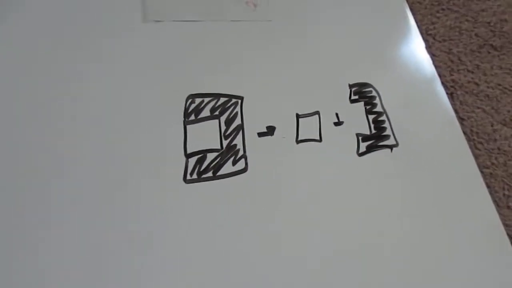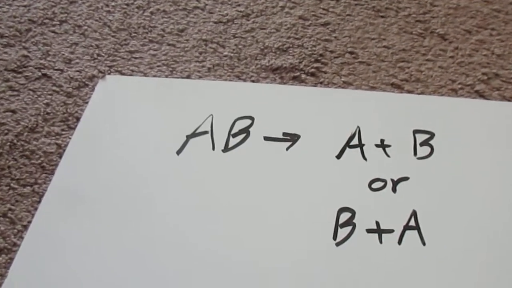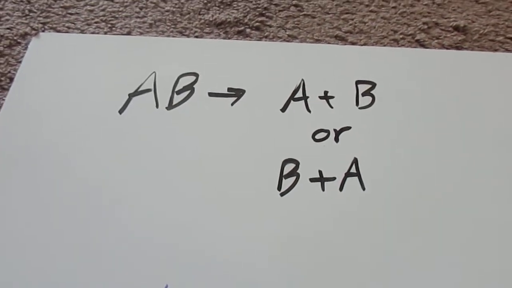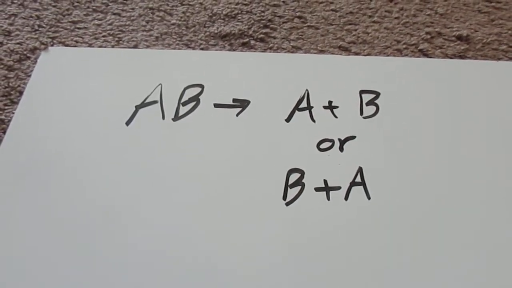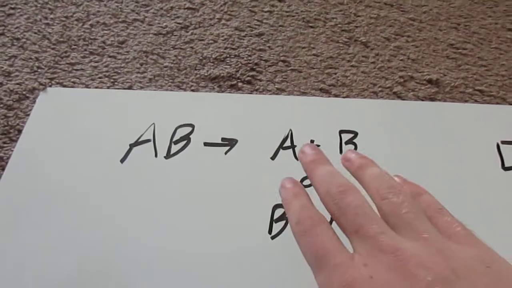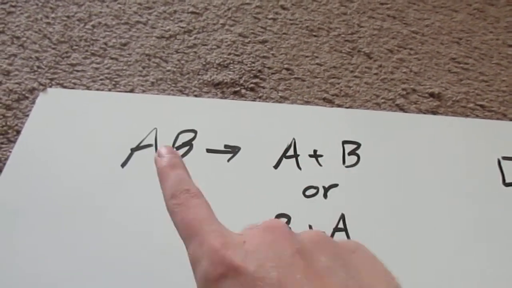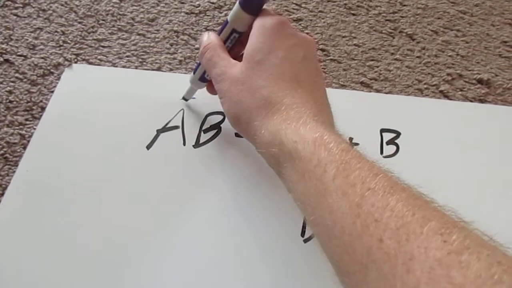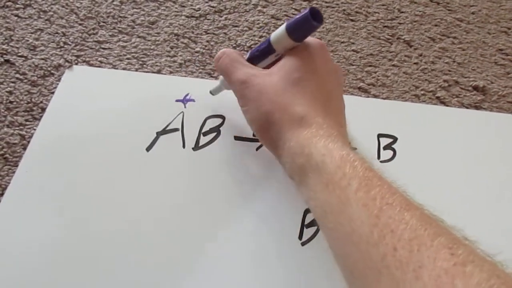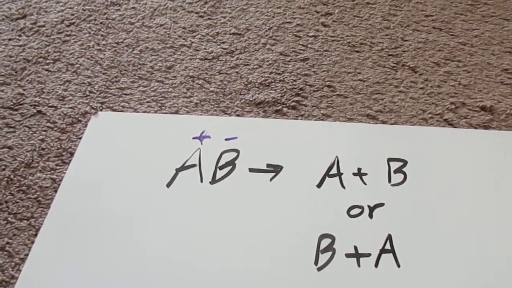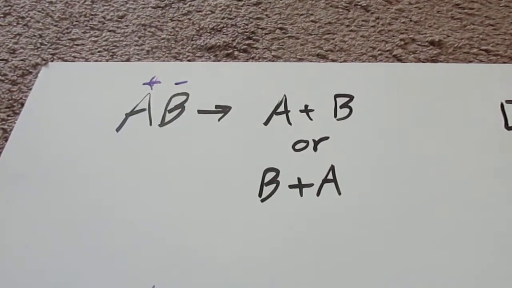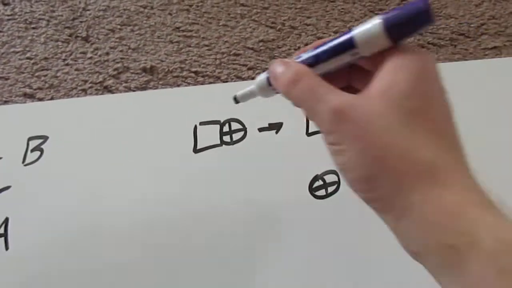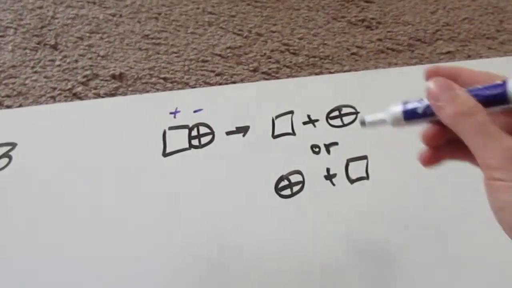A few other ways to think about it. AB is going to break down into A plus B or B plus A. Again, with this, you don't necessarily have to put the positive first or the negative first. Here, with ionic compounds, you do: it must be positive, then negative. But here it doesn't matter.